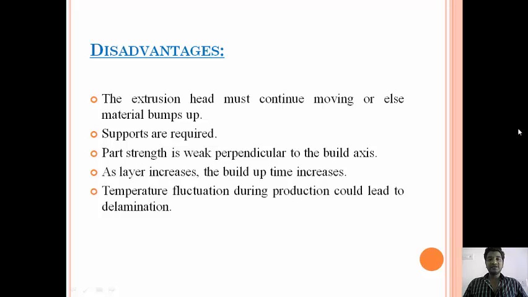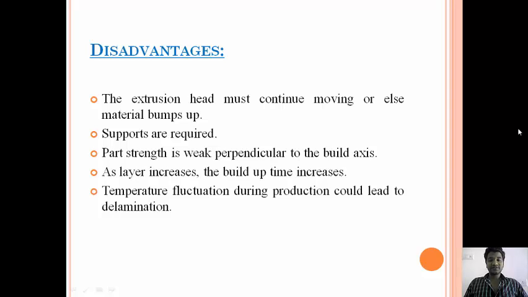As we have discussed, it consists of overhanging parts. These overhanging parts need to be given a support, or else it will result in sagging, as in the condition of a cantilever beam. The part strength is weaker perpendicular to the build axis. It is considered that the strength of the material we are making is weak in the direction perpendicular to the build-up axis.